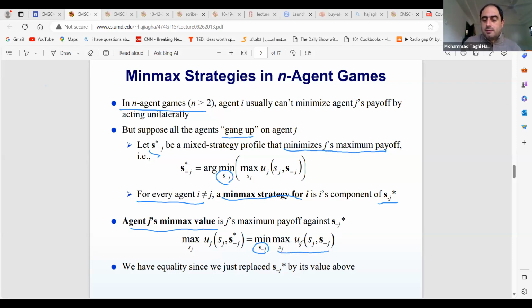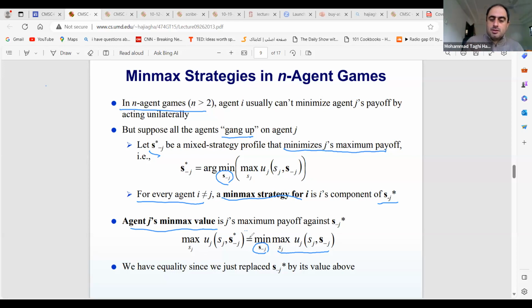This is the payoff of Sj if they are taking Sj, and we want to find the strategy that minimizes it for them. Good. So that will be equal to this.